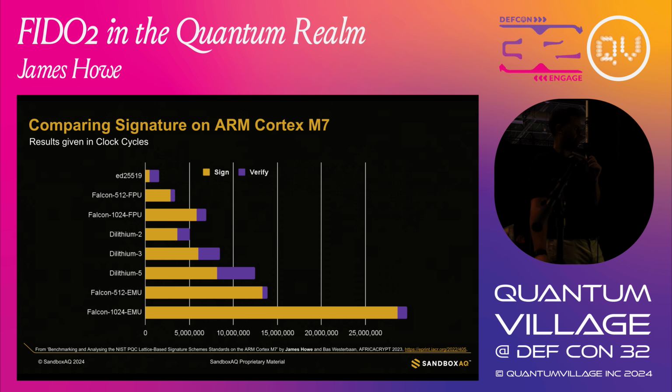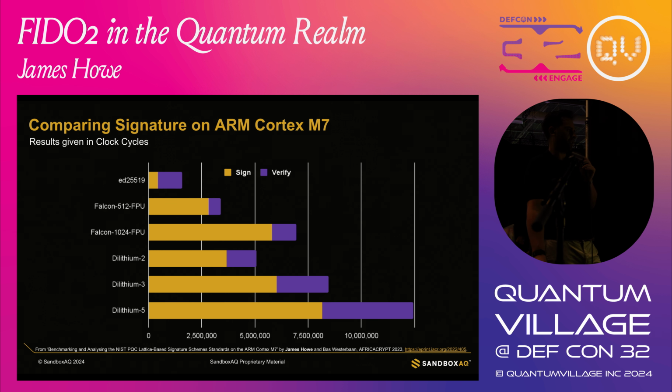Falcon is a bit of a strange case because it uses double precision floating point arithmetic. The board I was running on has that FPU on it. So in order to see it a bit better, you can look at just the faster version of Falcon.